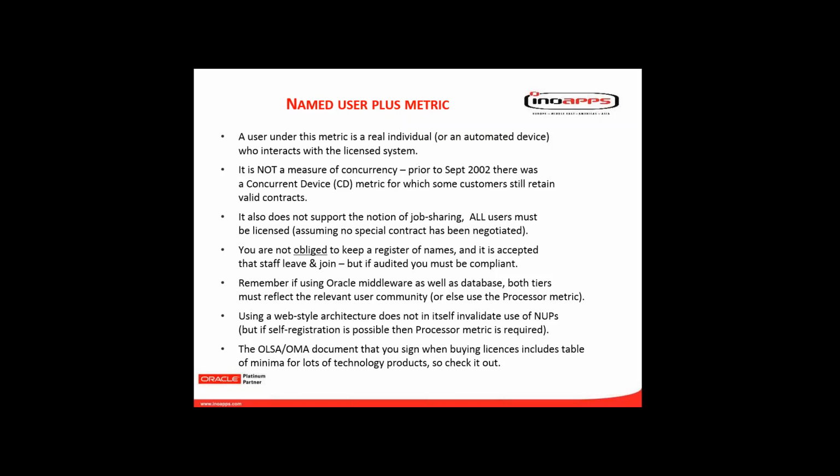It doesn't matter whether the user has an identity in the database, whether they come through a middleware tier, which supports thousands of users but with just 50 connections to the database. None of that architectural stuff matters. It's all the real individuals who are using a screen or whatever to interact with that database. It could be as removed as someone using an application that creates a message on a message hub.